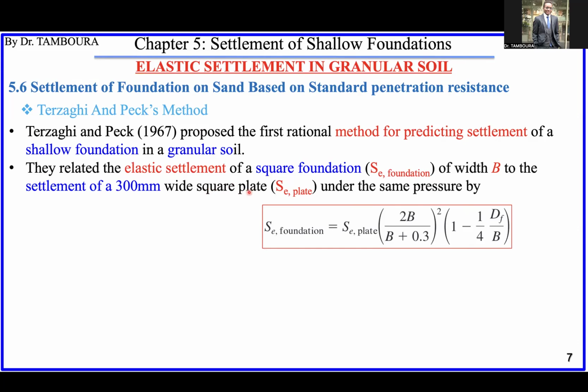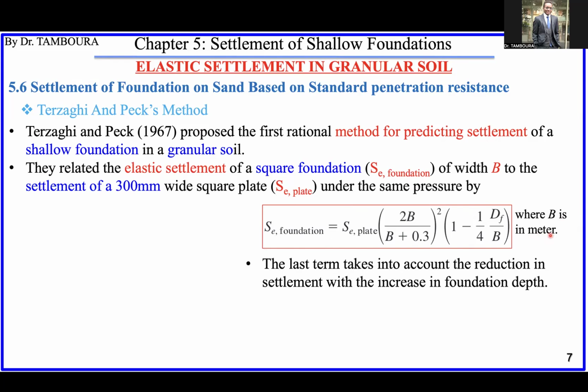They load it and measure the settlement, and they relate the settlement of that square plate to the settlement of the foundation with B. Here is the relationship they obtained. B, of course, is the foundation width already, and DF is the embedment of the footing. In this equation, B is in meters.